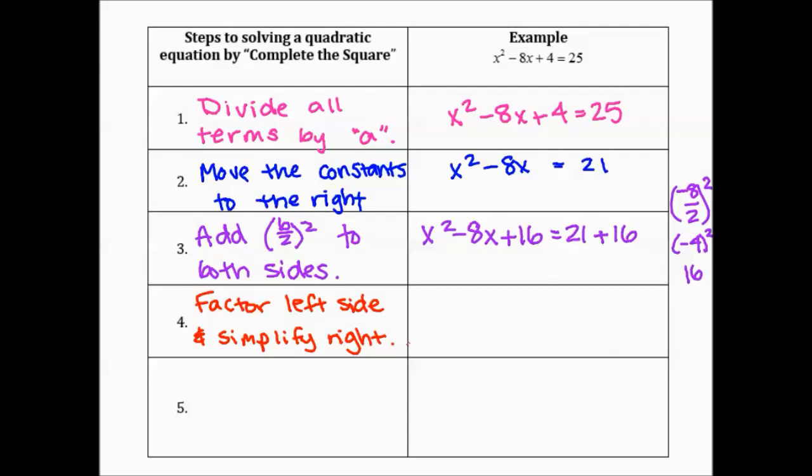If you go through the process of factoring, you're going to end up with two of the same factor. You're going to get x minus 4 and x minus 4. Okay, so I'm going to rewrite this left side as x minus 4 squared. And then if I do the addition on the right side, I get 37. Then the last step is to solve by taking square roots.